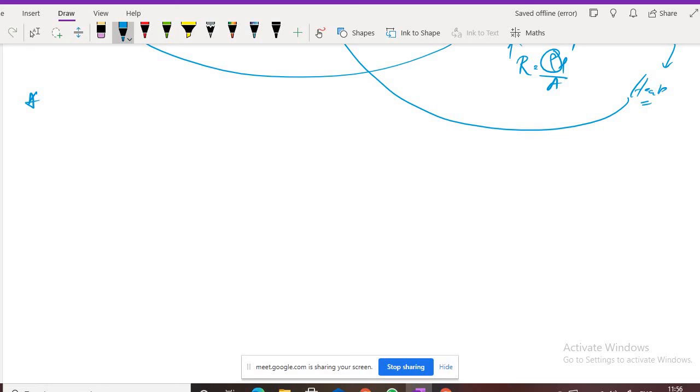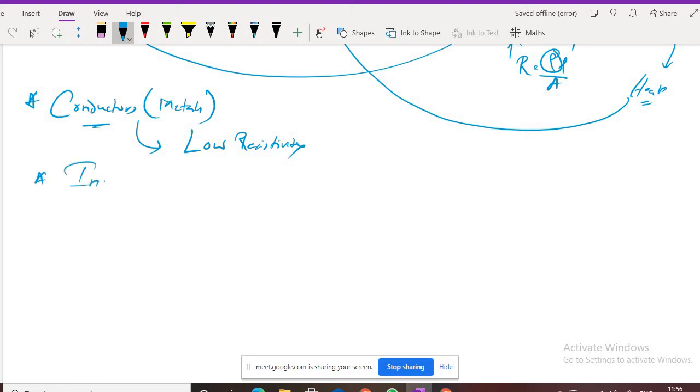Generally conductors, or we can say the metals, most of the metals have low resistivity. And generally the insulators have high resistivity. Understood?